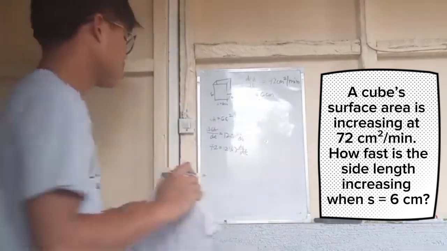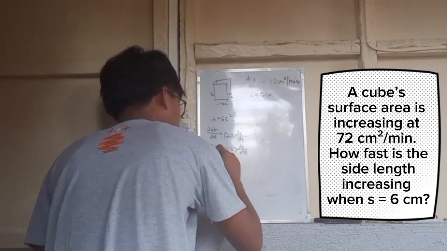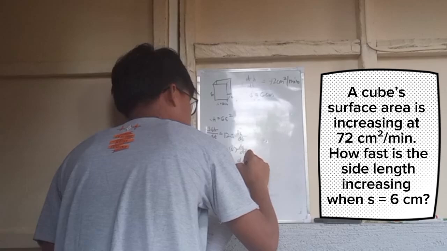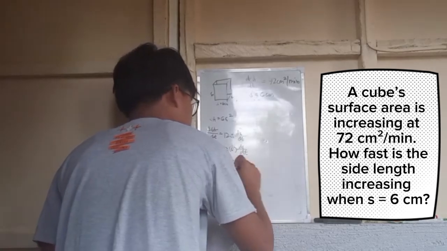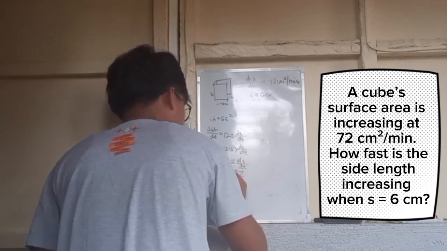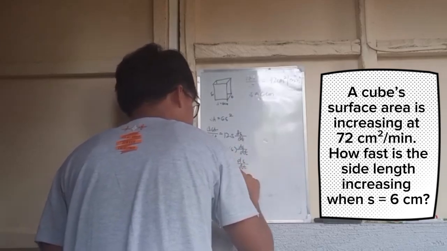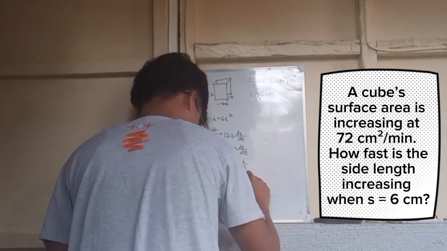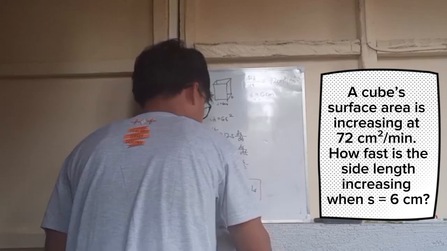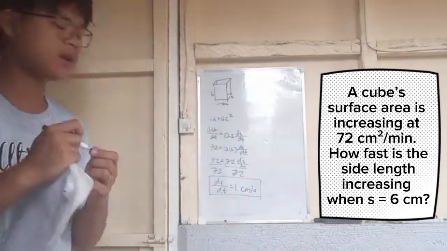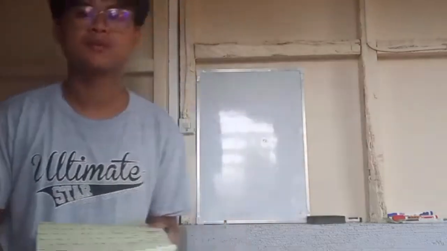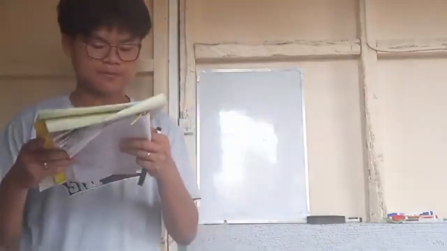Now, solve the formula. Divide both sides by 72, cancel, and you will come up with the value of ds over dt as 1 centimeter per second. So now we have the final answer of the rate of the side as 1 centimeter per second. So we'll proceed to the next problem.